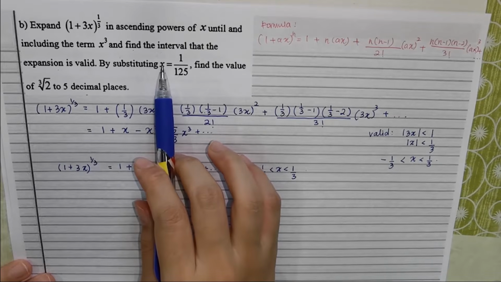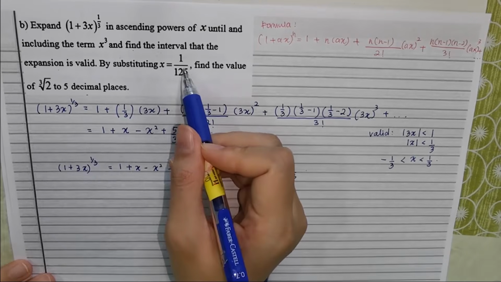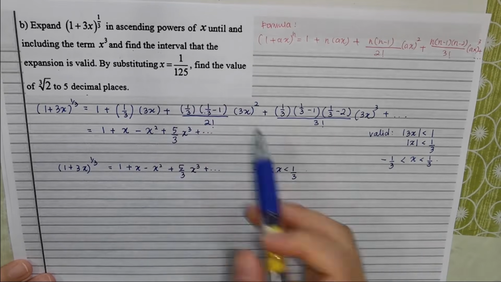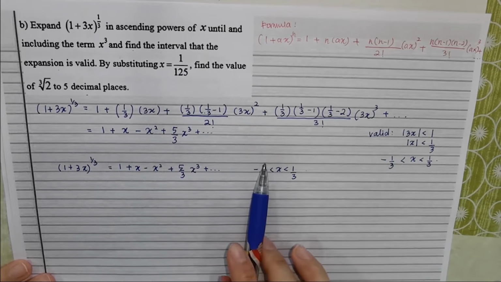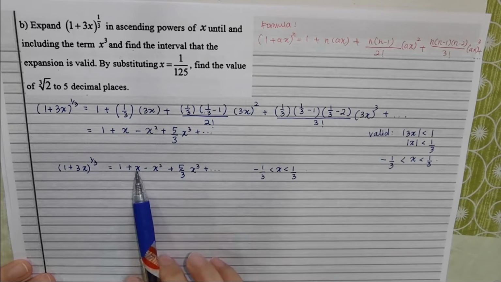Just simply substitute the given value x = 1/125. Before that, we have to make sure the given value of x is between negative 1/3 and 1/3. Otherwise, we cannot use this expansion.